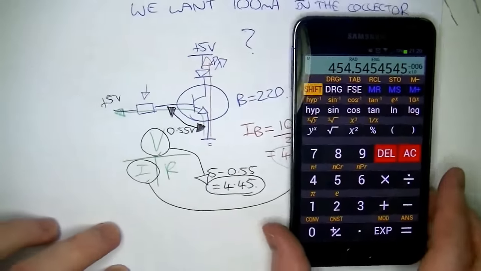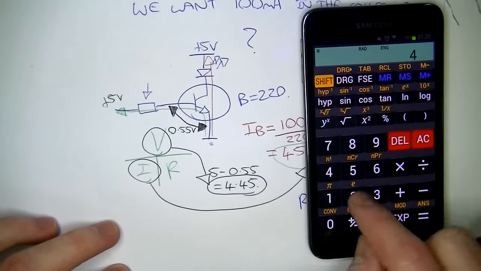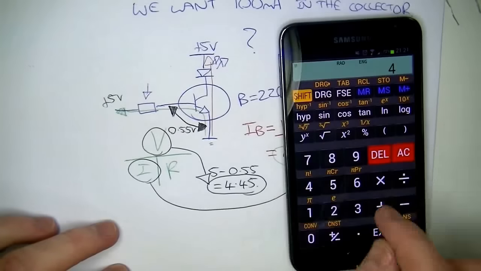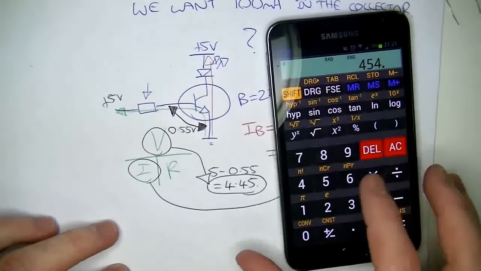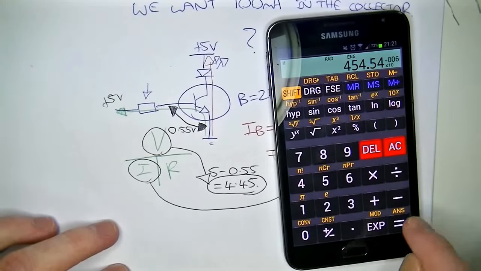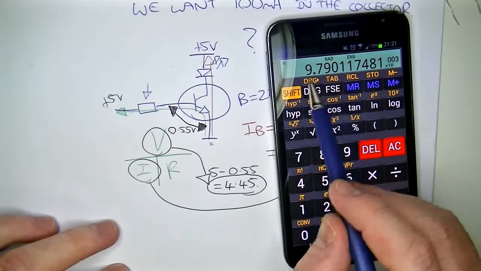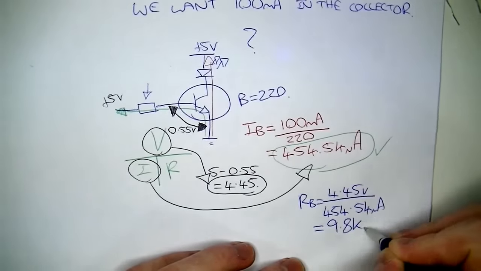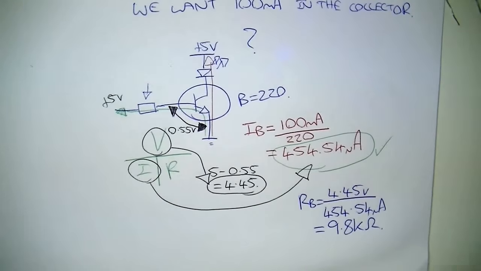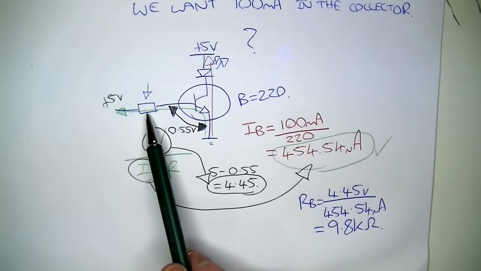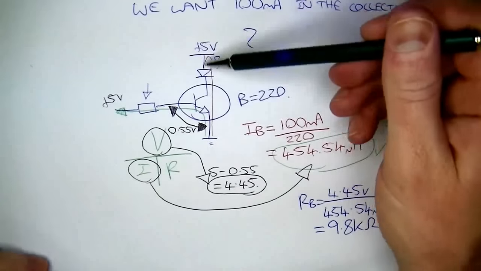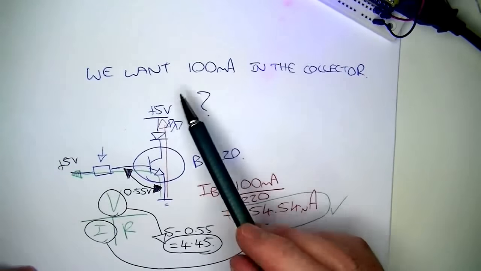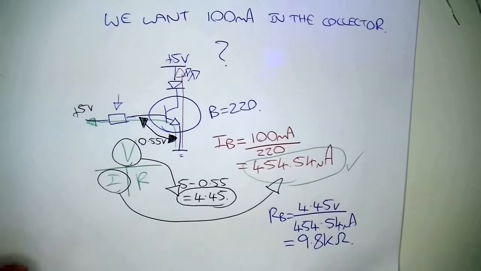Therefore, our base resistor needs to be 4.45 volts divided by 454 micro, around about 9.8 K. So that's how you can work out what value of base resistor you need in order to get the collector current you want to drive something, in this case that's 100 milliamps. If you wanted 1 amp, all the formulas, all the calculations would all be the same.